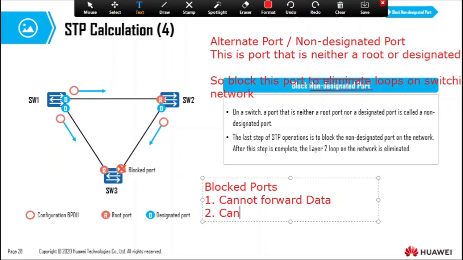They also cannot learn MAC addresses. Remember the problem of MAC address table flapping? So we can't have it, because if we block a port, it can't learn MAC addresses.